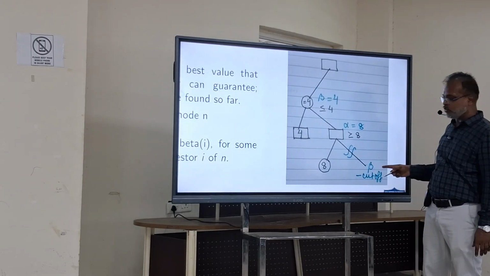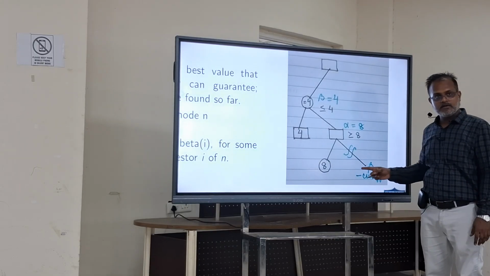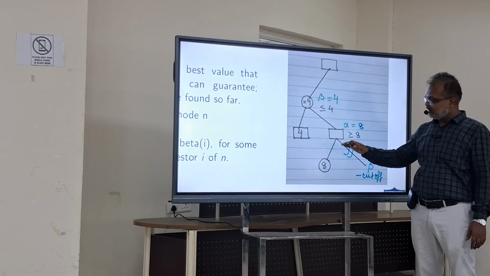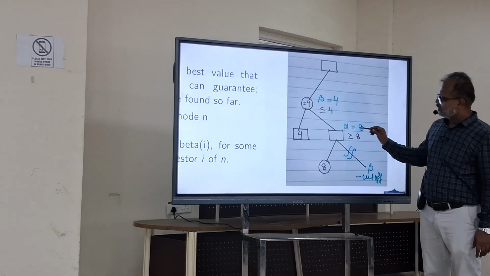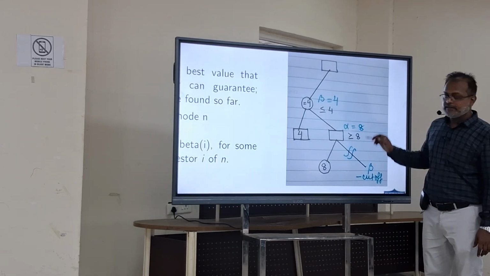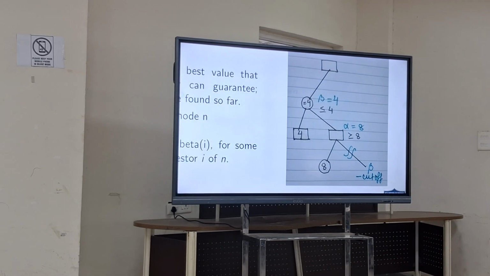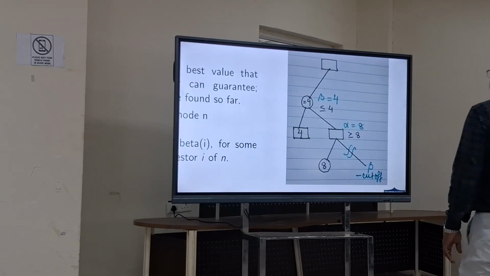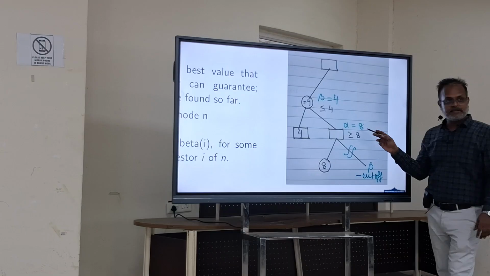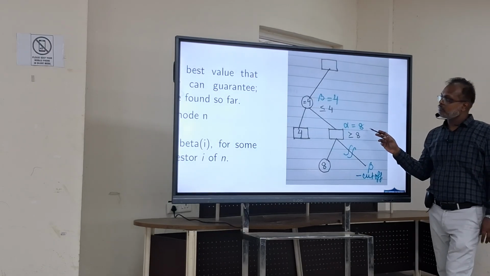But this is a mean node. This is a mean one. Okay. So it should be minimum. So here, what is alpha? What you have written in alpha? The maximum value that max node can guarantee. So here the maximum value that max node can guarantee for this is 8. So alpha is 8.